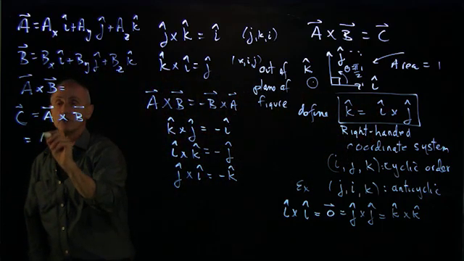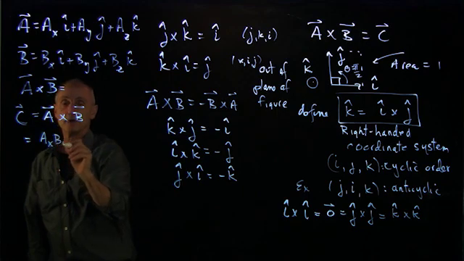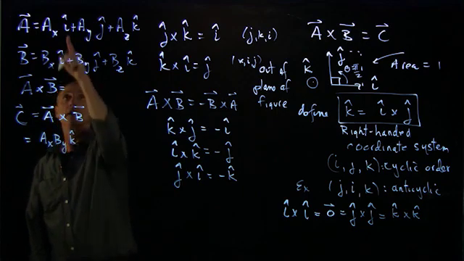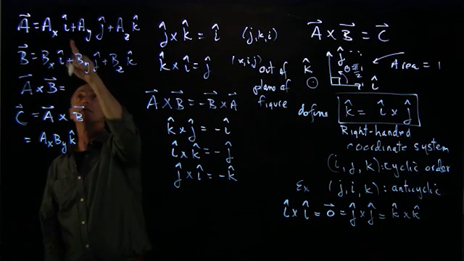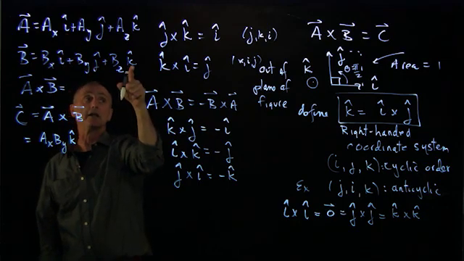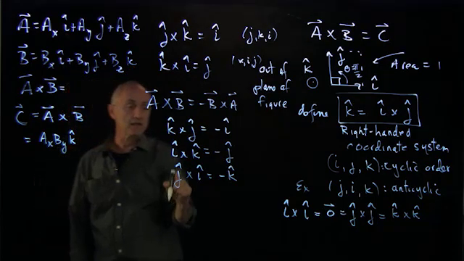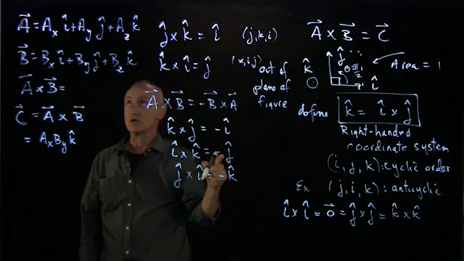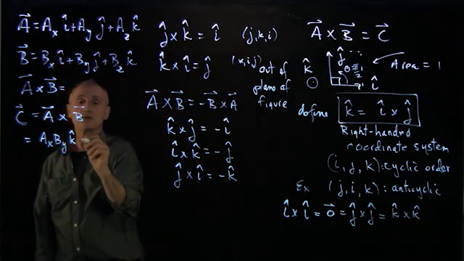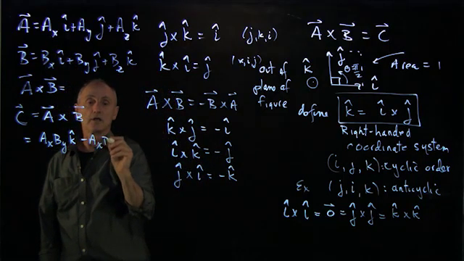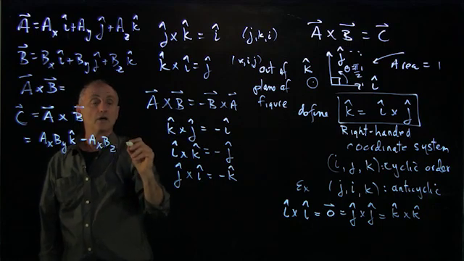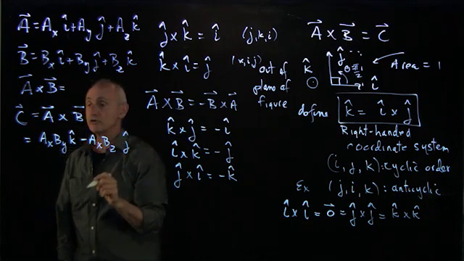So our first non-zero term is ax by k hat. And now let's do i hat cross k hat. Notice that's anticyclic, ik is minus j. So our next term is minus ax bz j hat. So there's the first two.